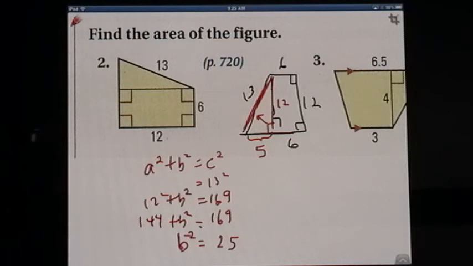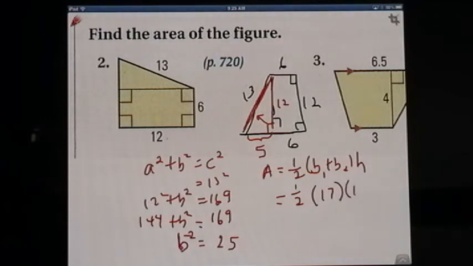All right, so now we can use the formula for a trapezoid, which is the area of a trapezoid is 1/2 the bases added together times the height. So 1/2 the bases added together is 11 and 6, which is 17, times the height, which is 12. Now I like to do the canceling thing, but you're welcome just to do 1/2, which you know to be 0.5.